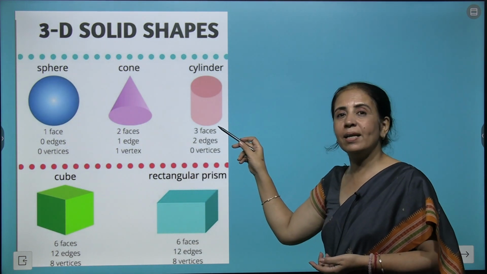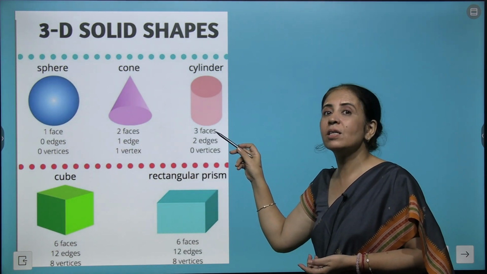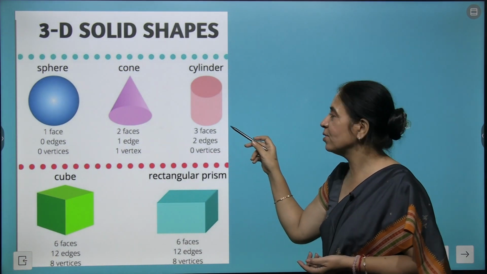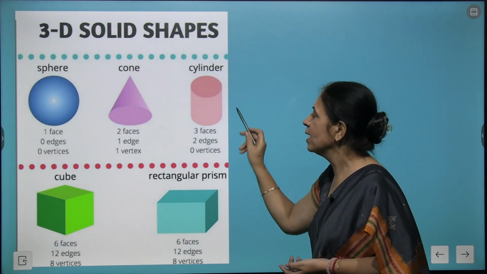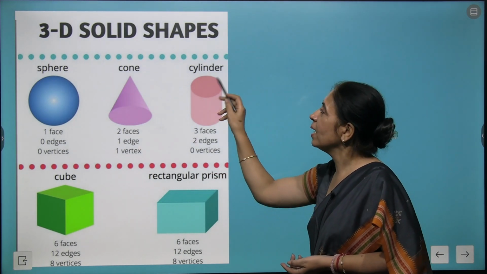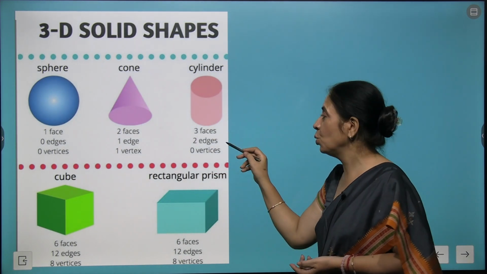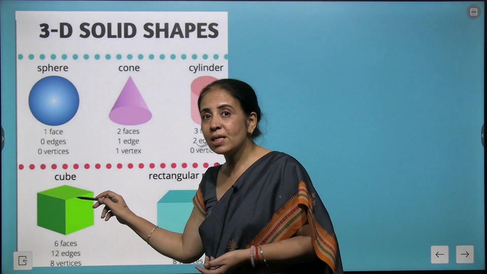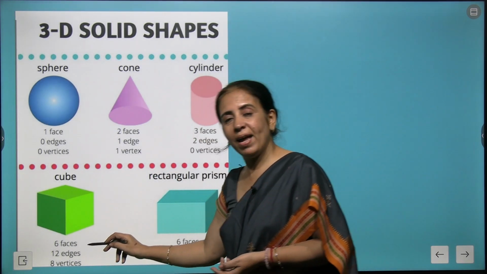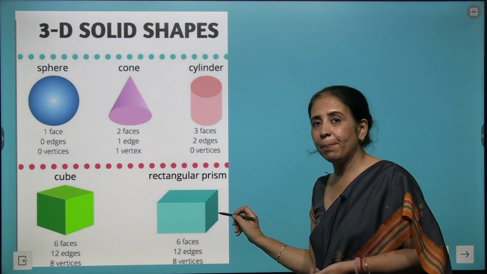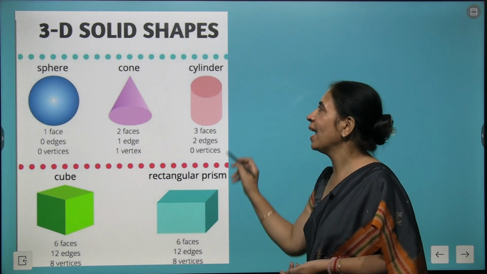Then coming to cylinder, it has 3 faces, 2 are flat circular and one is cylindrical curved face, and that makes 3 faces in all, and it has 2 edges but no vertices. Talking about cube, it has 6 faces, 12 edges and 8 vertices, and the same thing happens with cuboid as well.